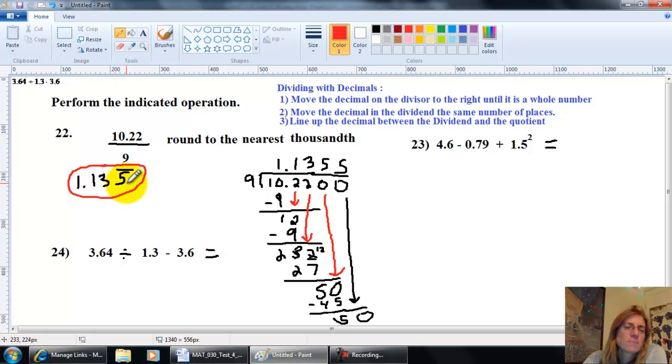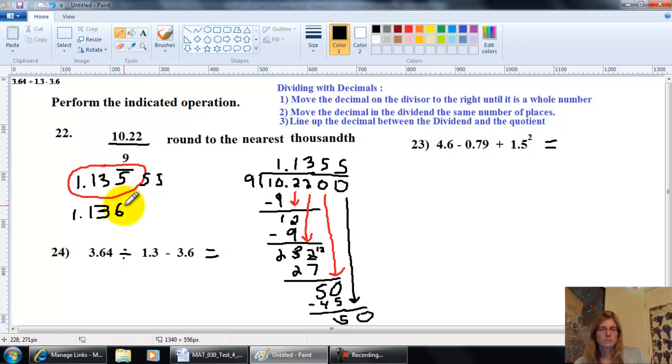When they say round to that, it's a repeating 5, so there's just this 5 going on forever. But we still follow the rules. We look to the right of the place, and if it's a 5 or higher, we raise it. So the rounded answer becomes 1.136 without the bar, because the 6 does not repeat.